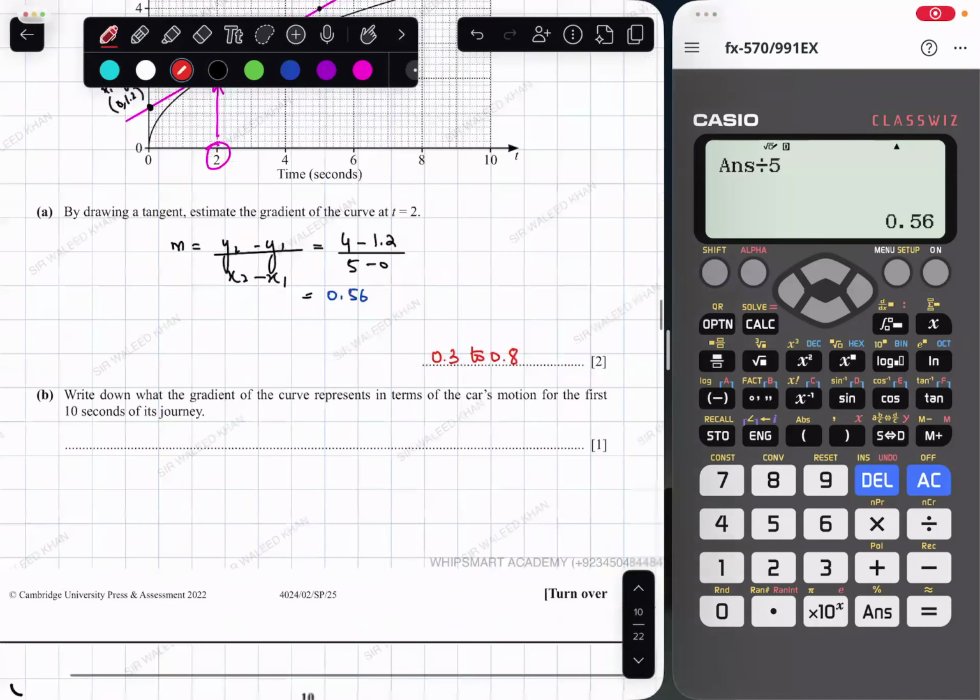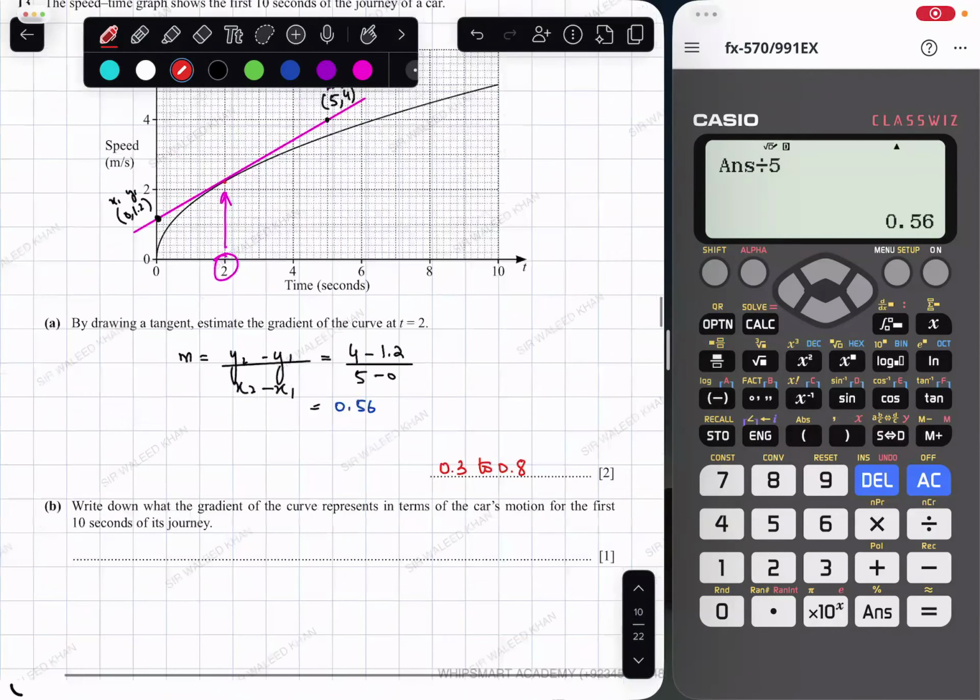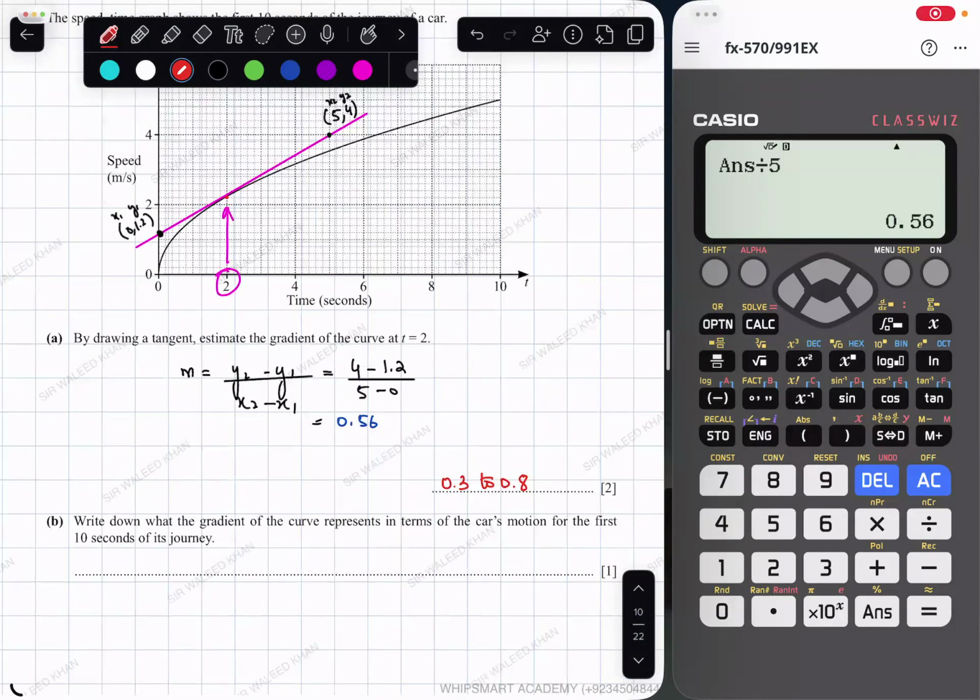Now write down what the gradient of the curve represents in terms of the car's motion for the first 10 seconds, right? So is this gradient, as we have discussed before, in a speed time graph, a gradient represents what? Anyone? In a speed time graph, this gradient represents... The area under the graph.